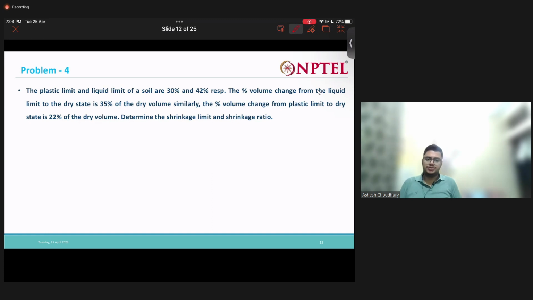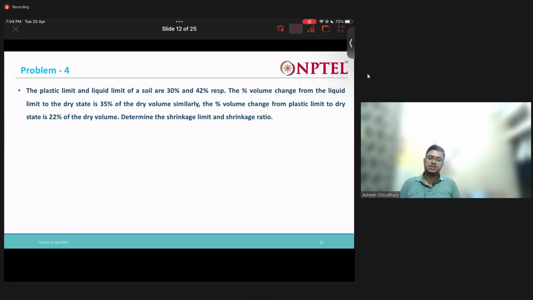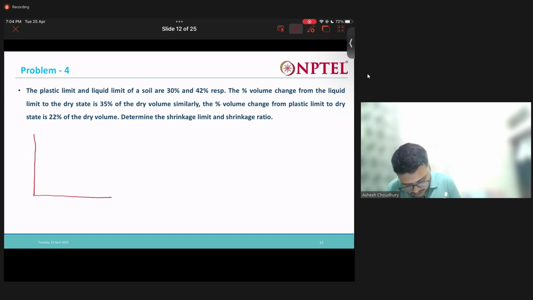The volume change from the liquid limit to the dry state is 35% of the dry volume. Similarly, volume change from plastic limit to dry state is 22% of the dry volume. We are going to determine the shrinkage limit and the shrinkage ratio. So let me first draw this chart.